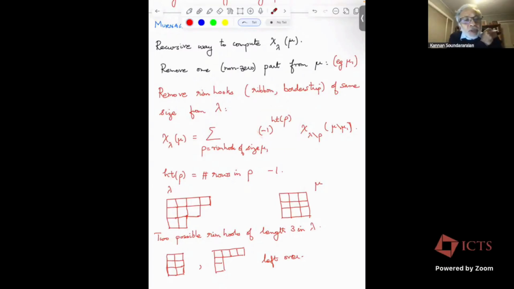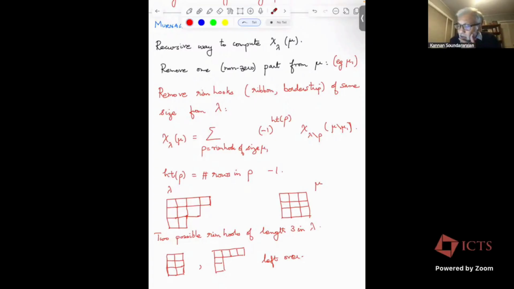So this is always plus or minus 1, and the plus or minus 1 corresponds to how many rows there are in the hook that's being removed. So in this case, there are 2 rows, and the sign is going to be minus 1 to the number of rows minus 1, which is 1, and then minus 1 to the 1 gives you minus 1. So this is a combinatorial way in which you can compute this character value.